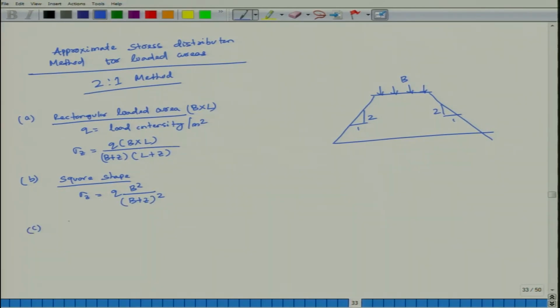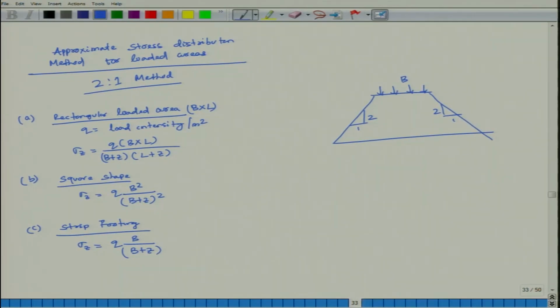Similarly for strip footing, sigma Z is equal to Q into B by (B plus Z). This is what by means of the approximate method you can do, because this is a 2:1 distribution.